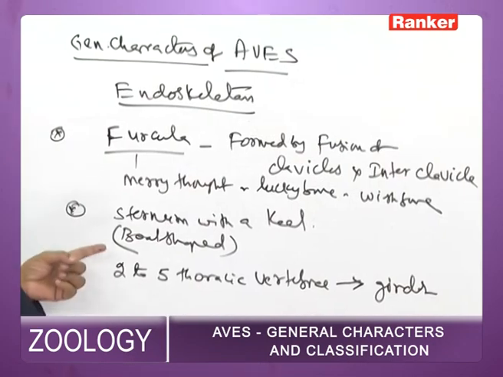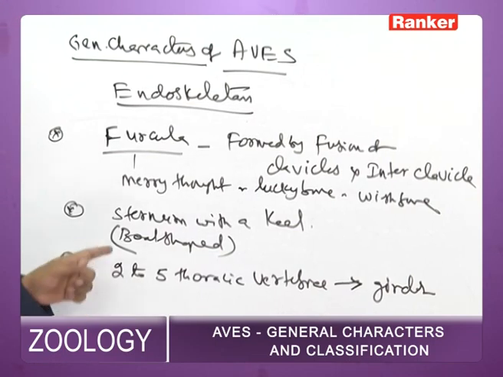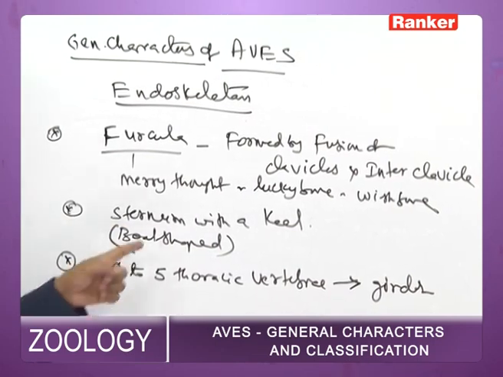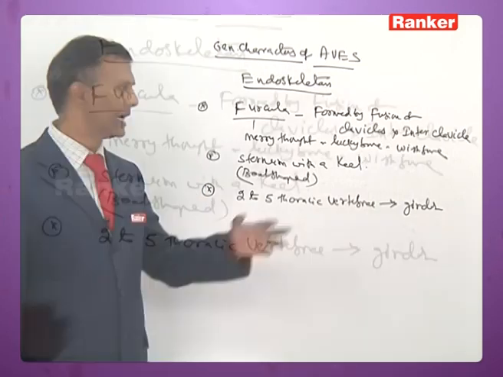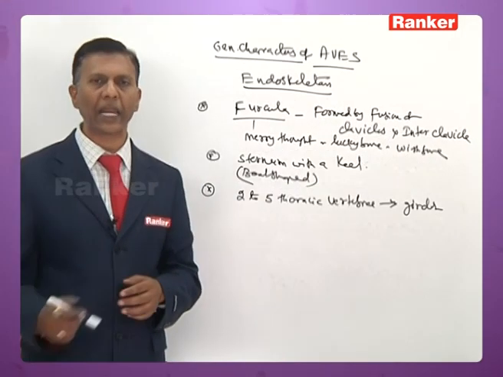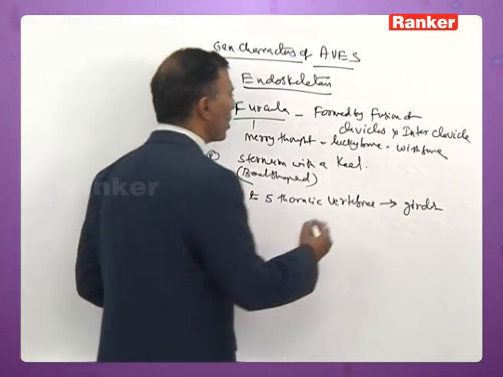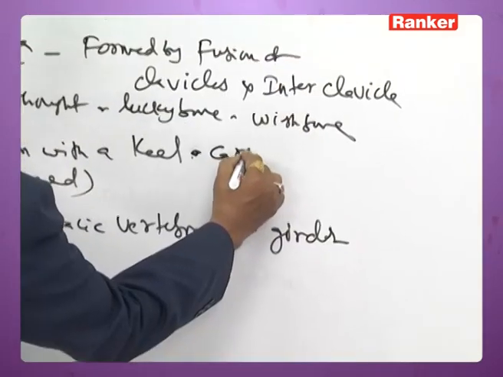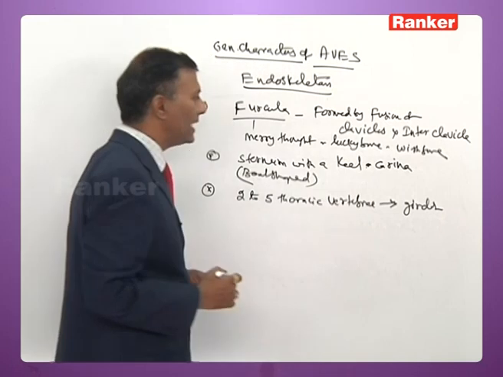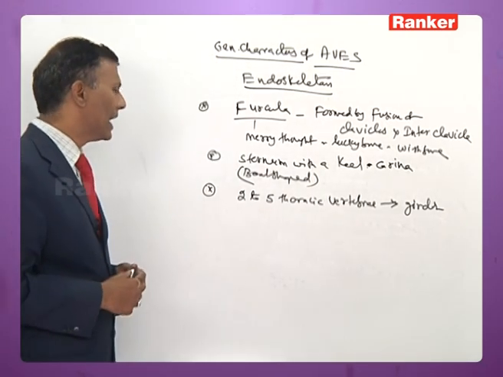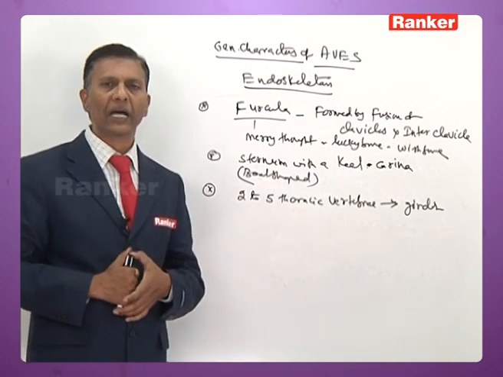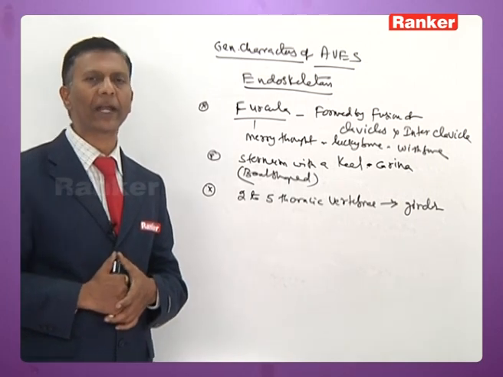Another important feature in the endoskeleton: the sternum is boat shaped and provided with a ridge-like structure along the midventral side called the keel or carina. This keel also provides a surface for the flight muscles. It is well developed in flight birds, and raft-like or reduced in flightless birds.